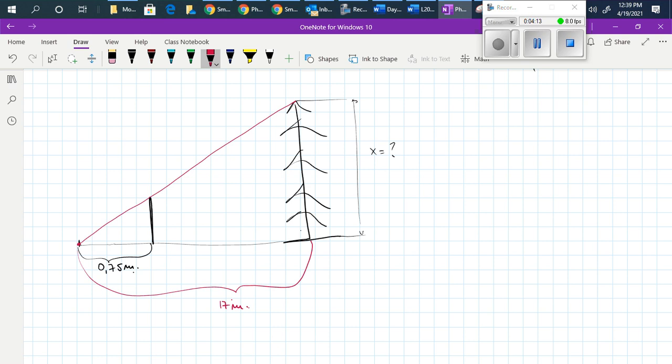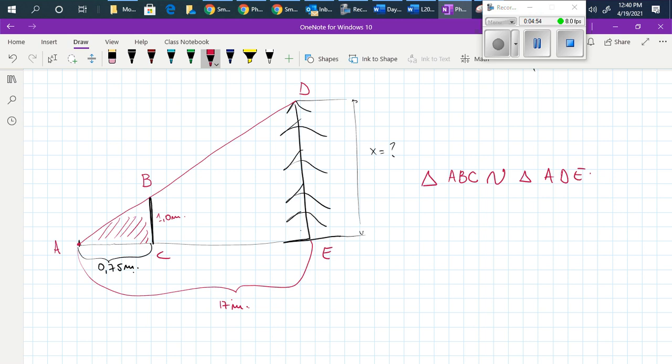So what we are dealing with here is what is known as similar triangles. The small triangle here, and I will just put some letters here, A, B, C, D, E. So triangle ABC is similar to triangle ADE. And when we are dealing with similar triangles, the related ratios are the same. So we saw that this is a meter stick, so 1 meter.